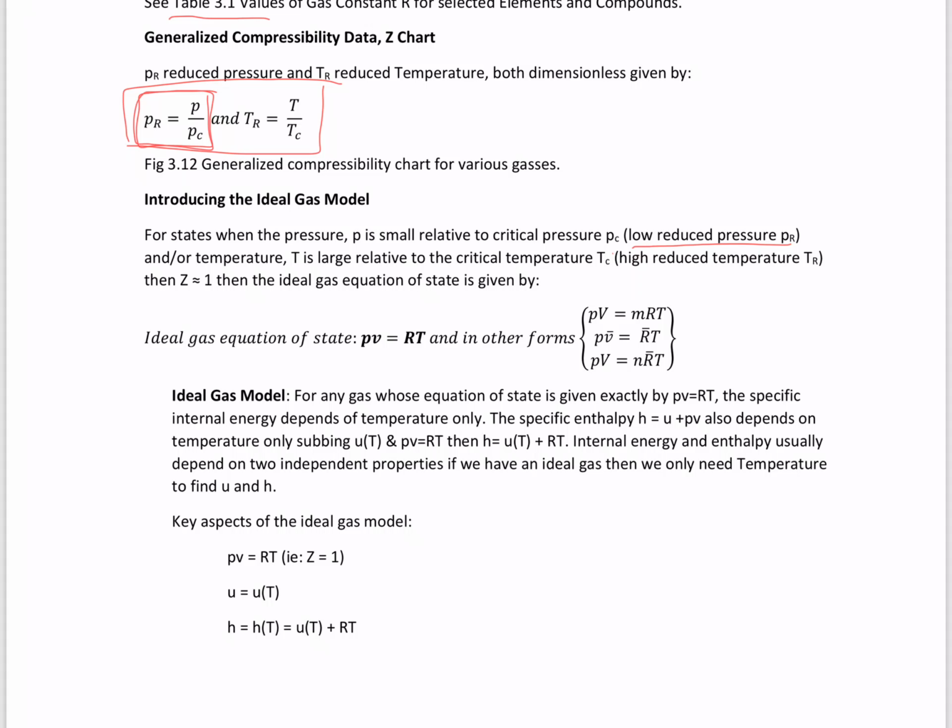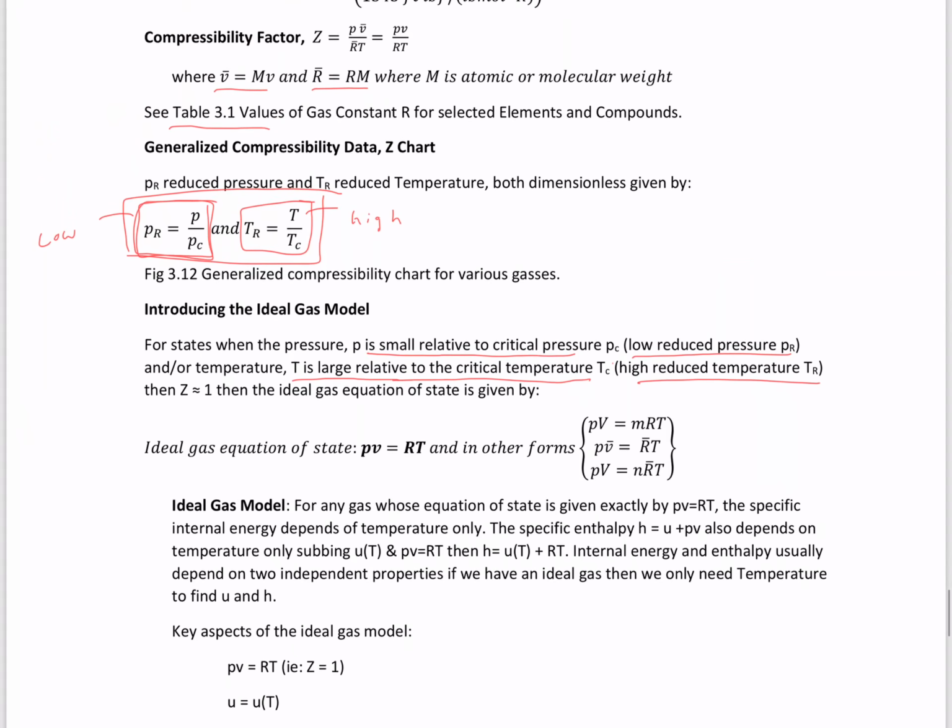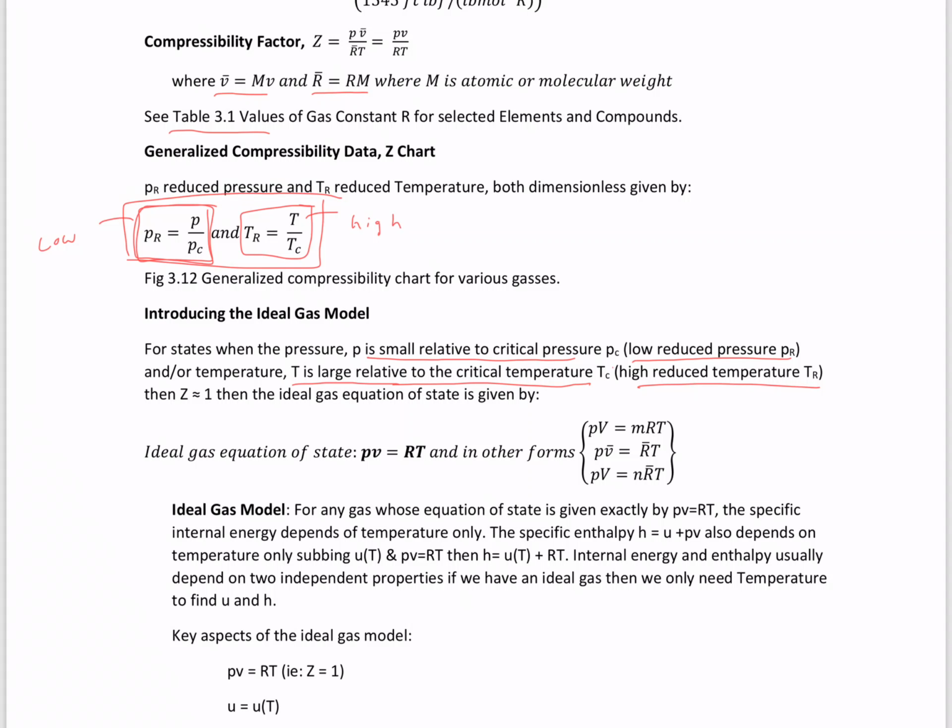Or if P is small relative to critical pressure, or T is large relative to critical temperature, so if this is a low number and this is a high number, then our Z is approximately equal to 1.